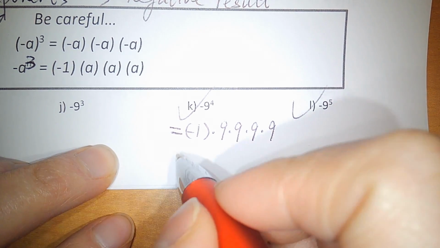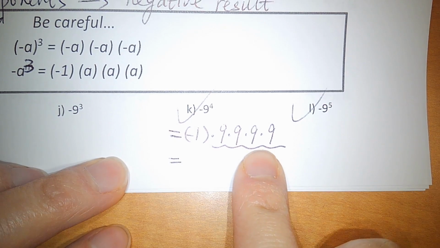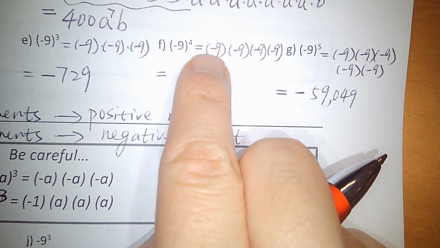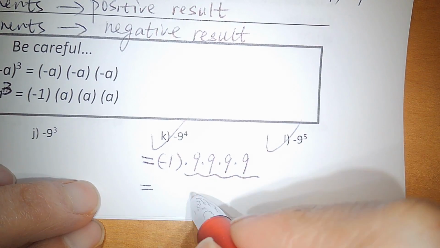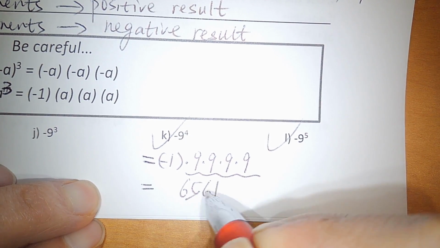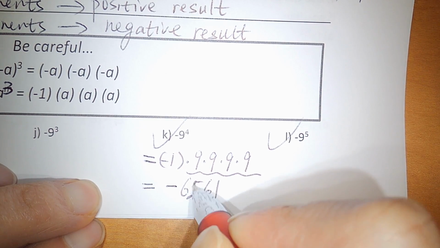So what do we get? These four 9s multiplied together give us 6561. However, keep the negative sign in front.